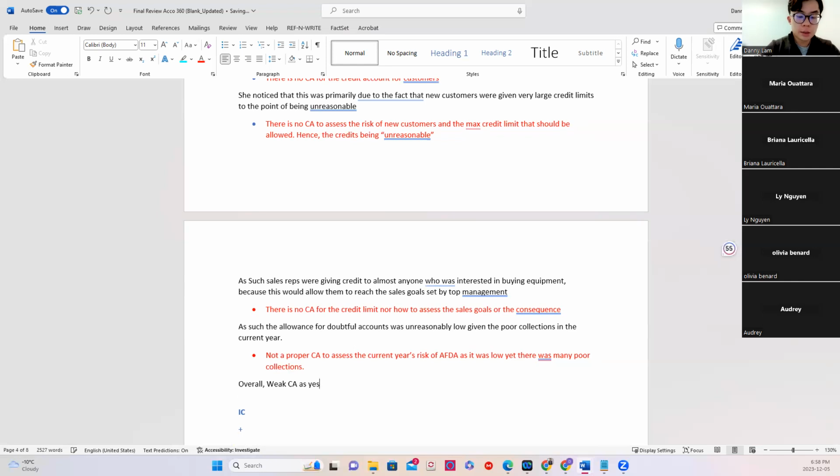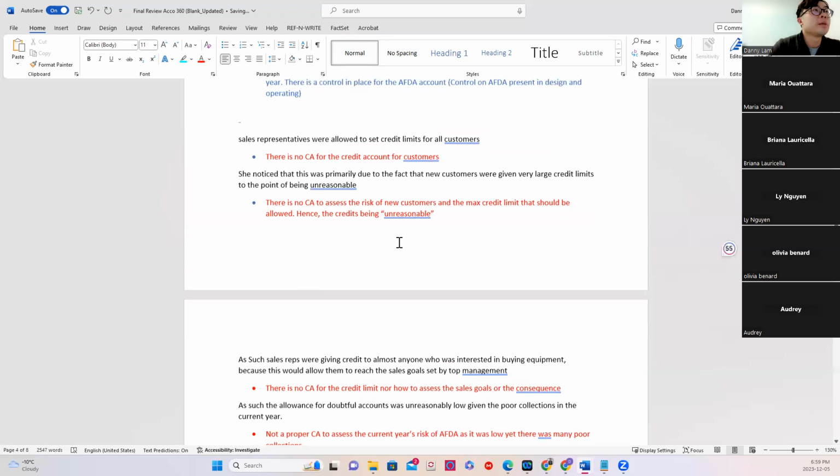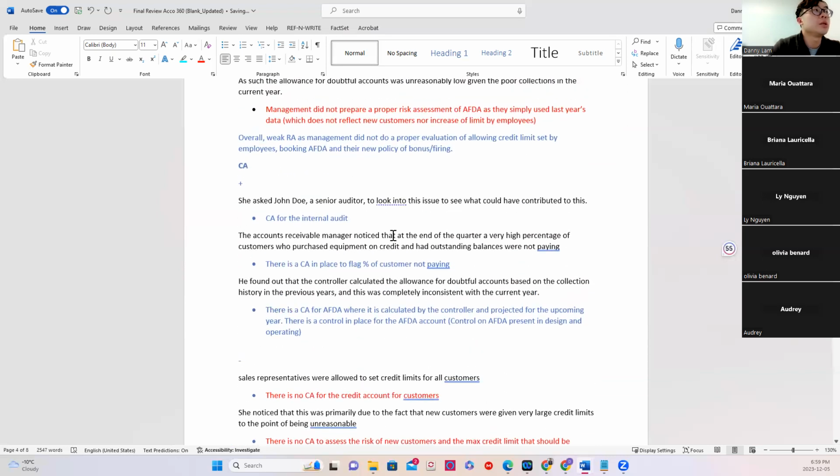Yes, management did put some in place, yet most of them are, I don't want to say useless, but let's say not effective in achieving their goals. And then we could ask, what are their goals? So we can see what they put as controls here.